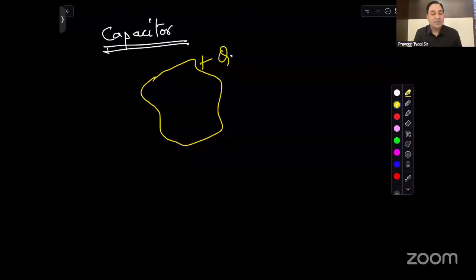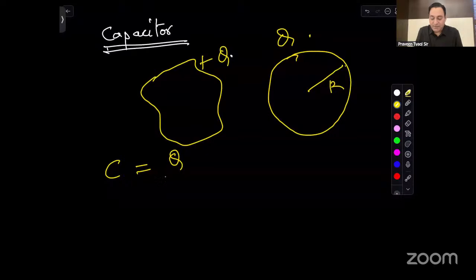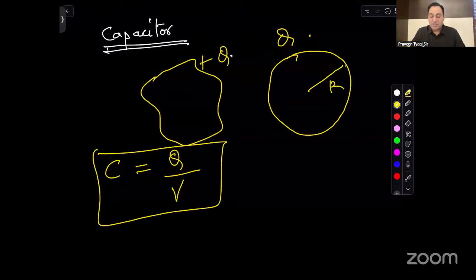This is a capacitor. There is an isolated sphere and it has a radius r. I give it some charge q. Can anyone tell me how do I find its potential? The capacitance of a body is defined as: give it an imaginary charge q and find its potential. Q by V, the ratio, is defined as the capacitance of that body. This is the basic definition of capacitance of a body.